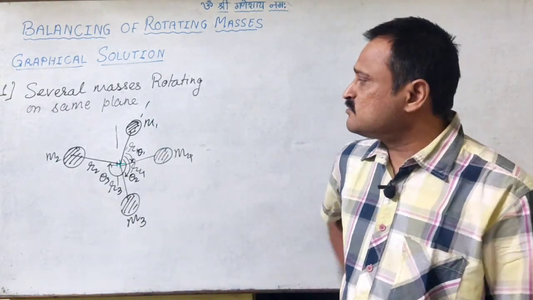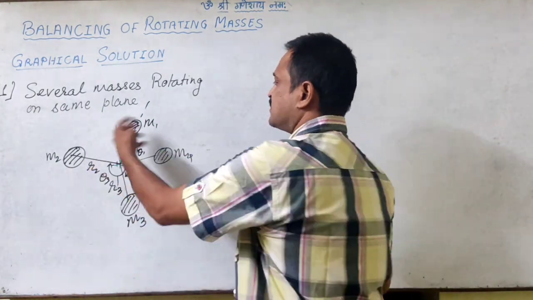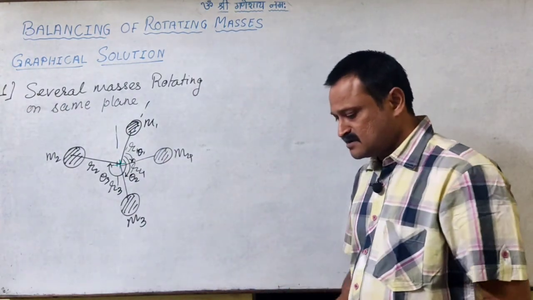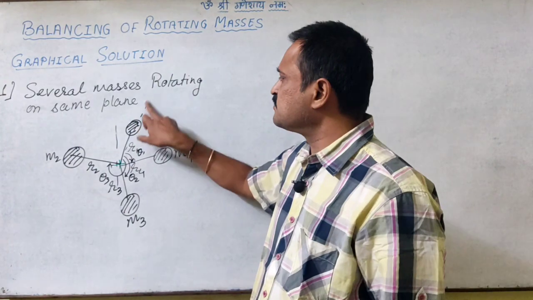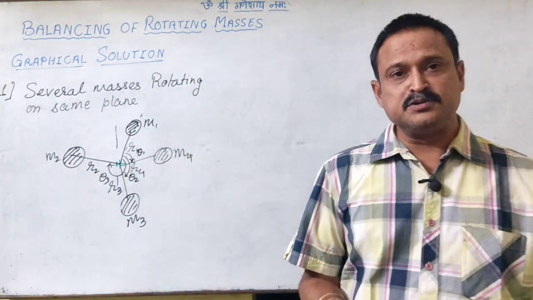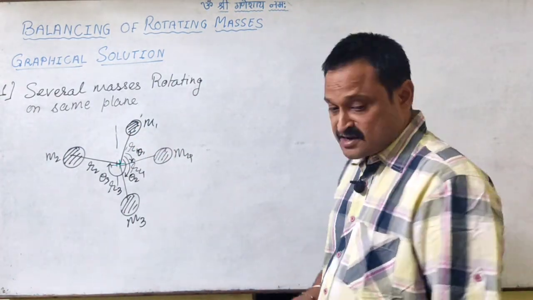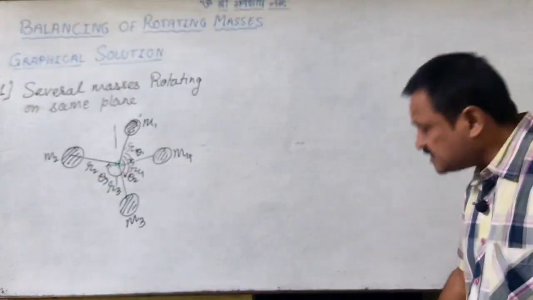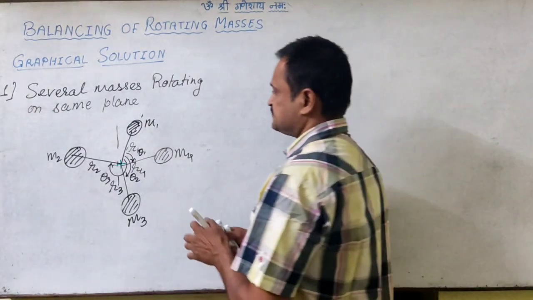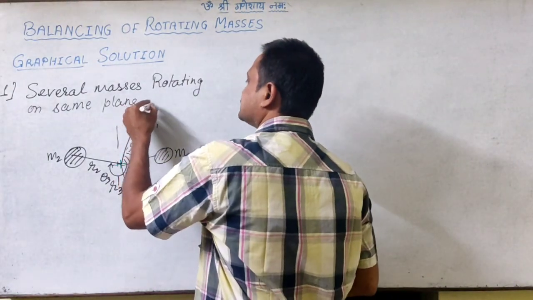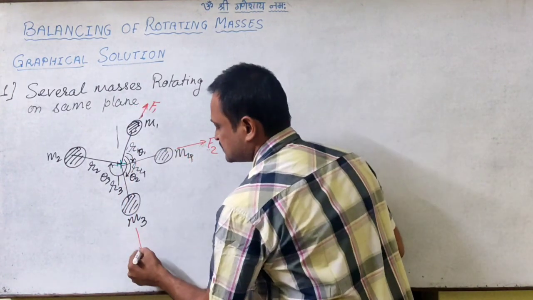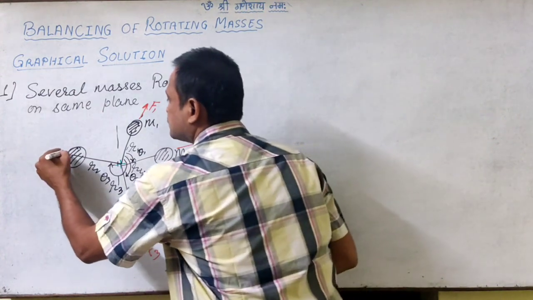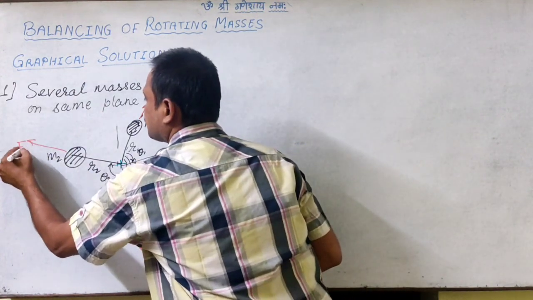Now when these masses are rotating at some angular velocity, they are going to introduce a centrifugal force which will be acting radially outward. So say this is F1, this is F2, this is F3, and this is F4.